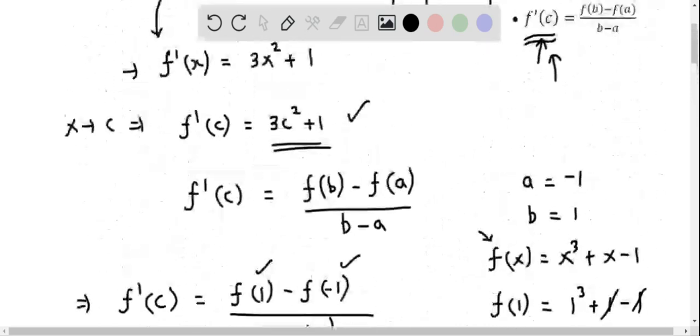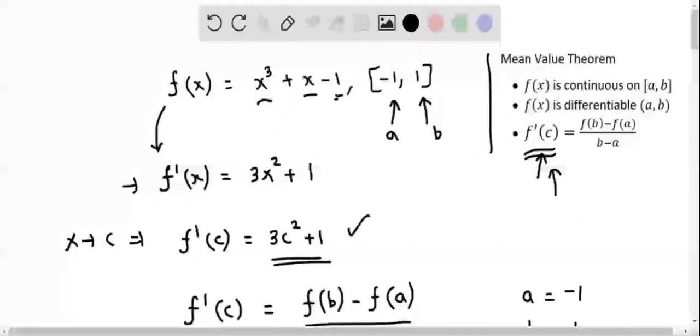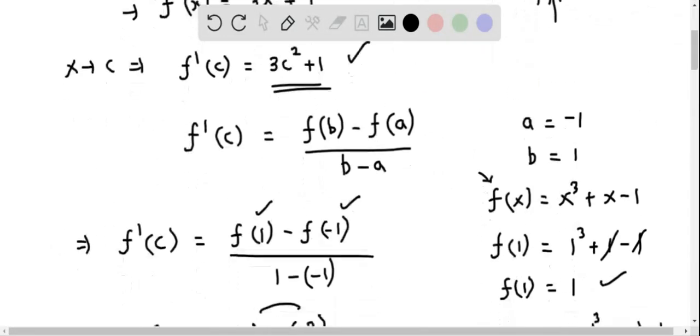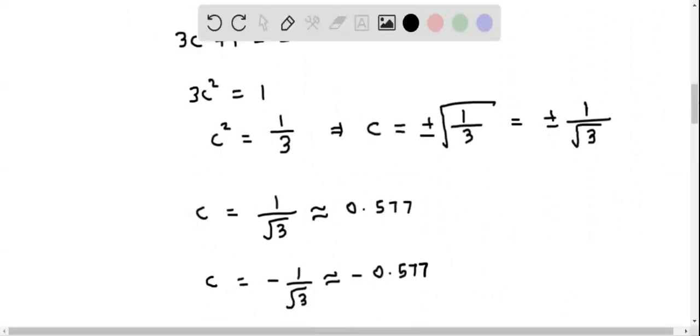However, we have to verify that these two values lie in this interval. So the interval is negative 1, 1. We see that 0.577 lies in this interval. Also this value, approximately negative 0.577, also lies in the interval negative 1 comma 1.